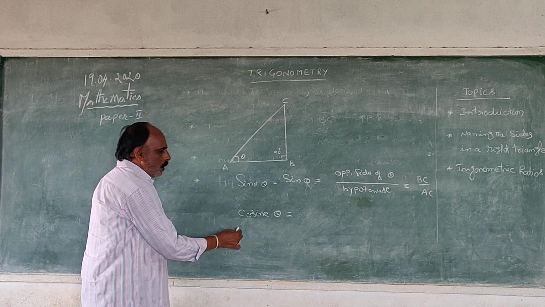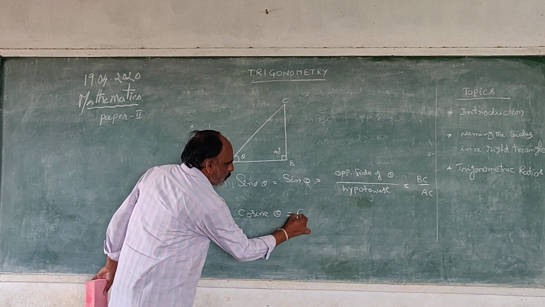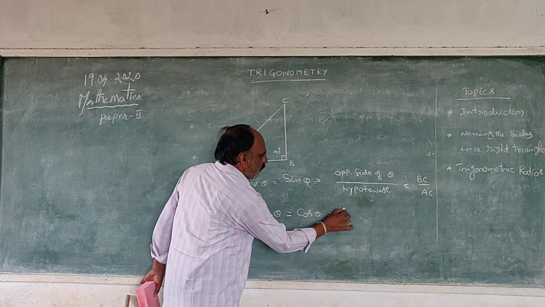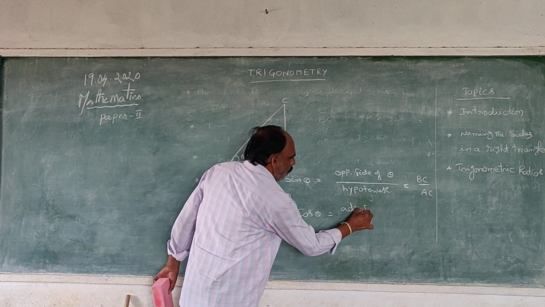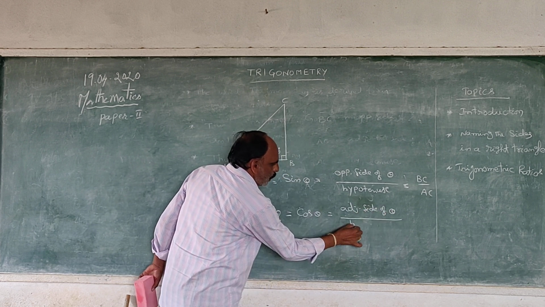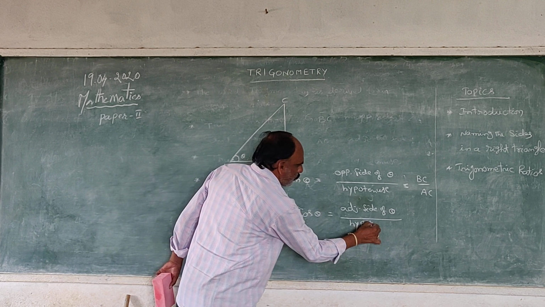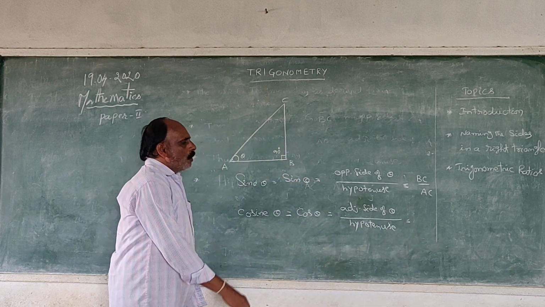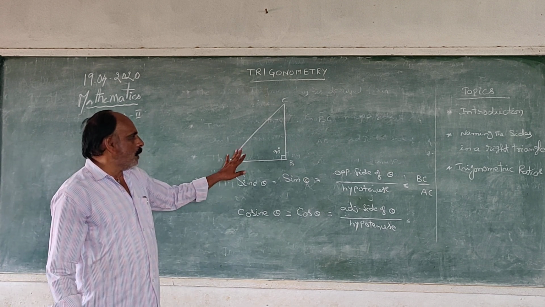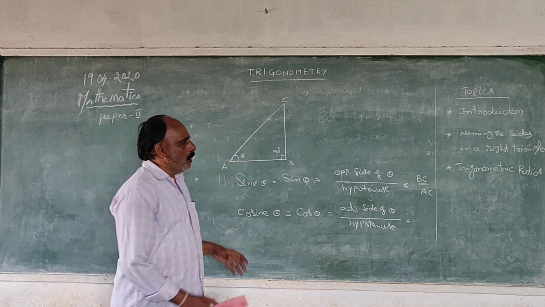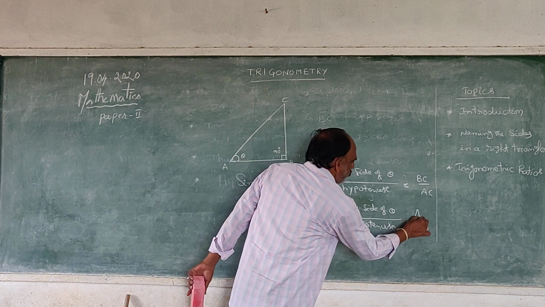is briefly written, first three letters, cos theta, equal to the adjacent side of theta by hypotenuse. Adjacent side AB, hypotenuse AC. So AB by AC.